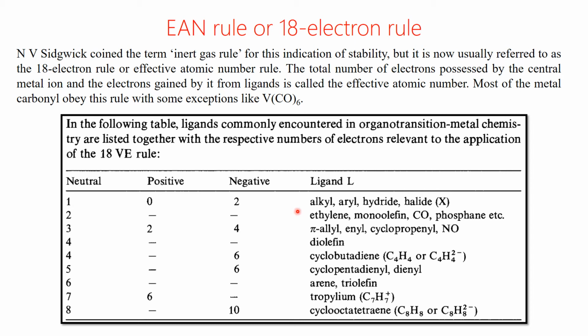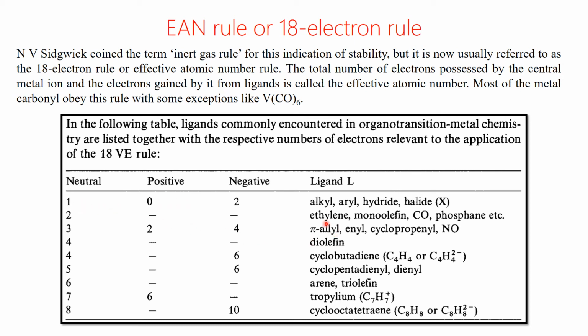For example, alkyl, aryl, hydride and halide. If these ligands are in the negative state, meaning they have a -1 charge, they are 2 electron donors. If they have a plus charge, they are not able to give any electron, so 0 electron donors. In the neutral form, they are 1 electron donors.